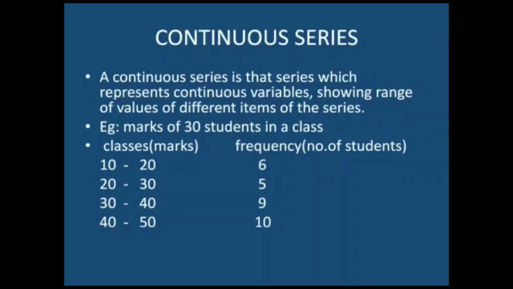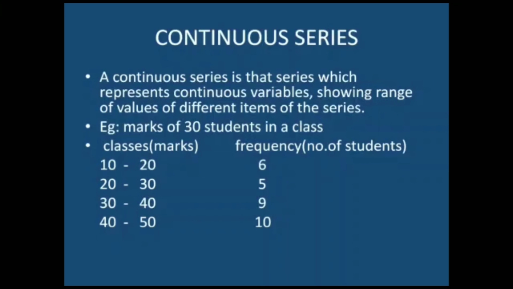The class intervals are 10 to 20, 20 to 30, 30 to 40 and 40 to 50. Here the frequency, the number of students, is 6. So we can say 6 students got marks between 10 and 20. In the same way, 5 students got marks between 20 and 30, 9 students got marks between 30 and 40, and 10 students got marks between 40 and 50.